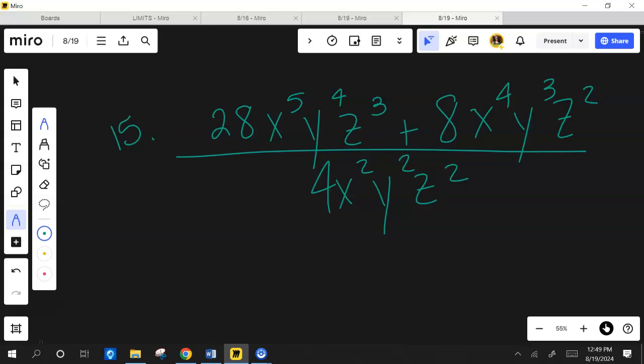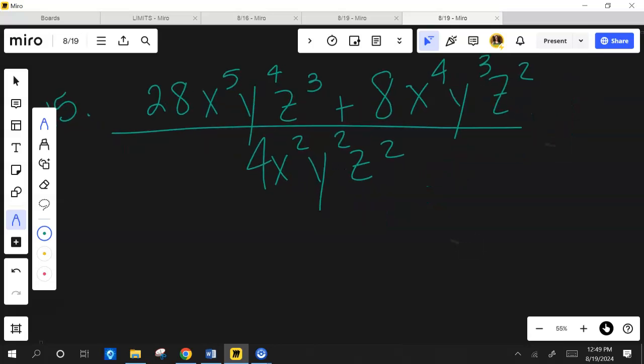Now, am I dividing by a monomial? Yes. Why? There's no plus or minus, even though there are multiple variables in here. There is no plus or minus in the bottom. So let's split it up into our separate fractions.